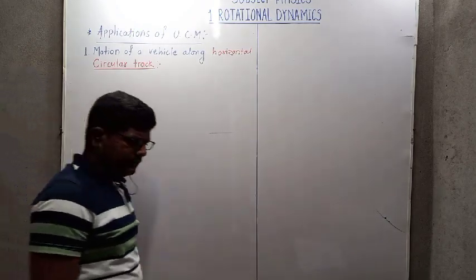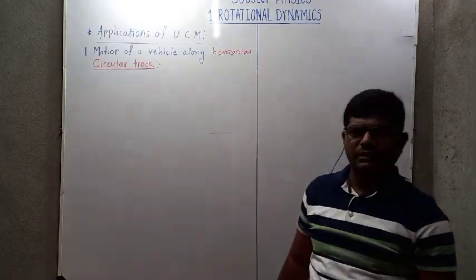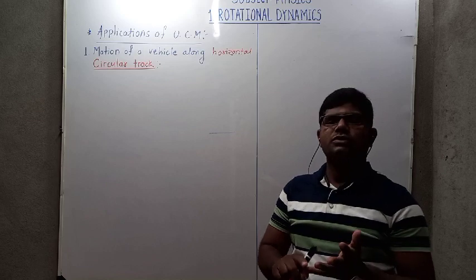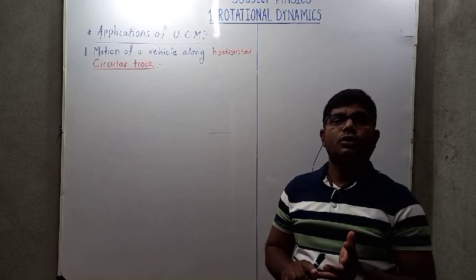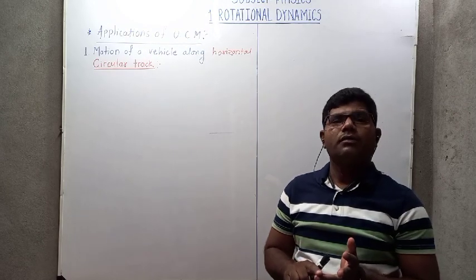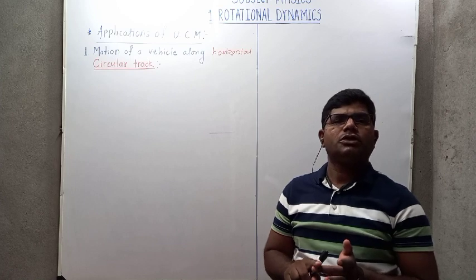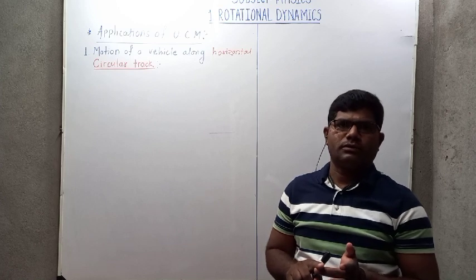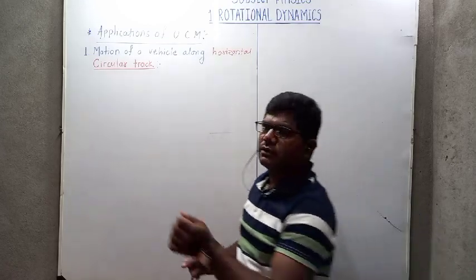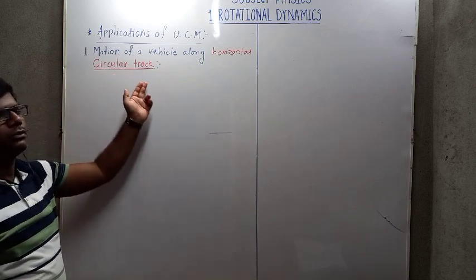In the textbook there are three applications given: first, motion of a vehicle along a horizontal circular track; second, wall of death; and third, motion of a vehicle along a banked road. Out of these three applications, the first one is motion of a vehicle along a horizontal circular track.